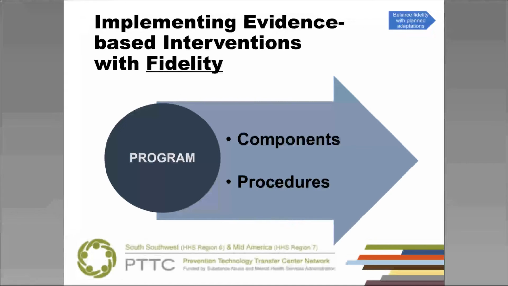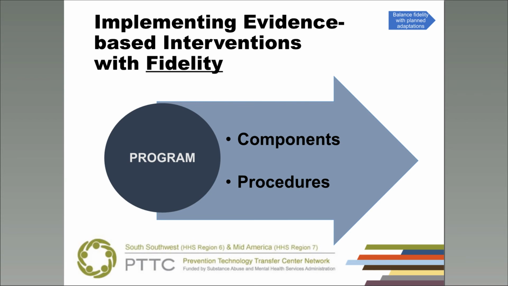So the second piece in that visual that we first showed about implementation was building fidelity with plan adaptation. The best way to implement evidence-based interventions is with fidelity. The only way to know if you're doing that is to know what makes the intervention successful, so making sure that you know the components.